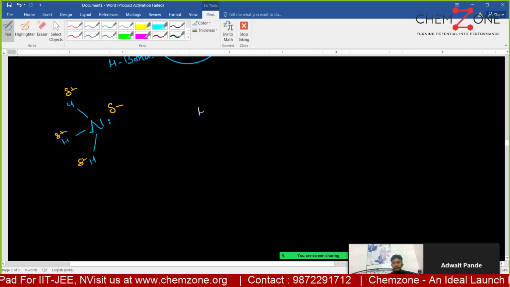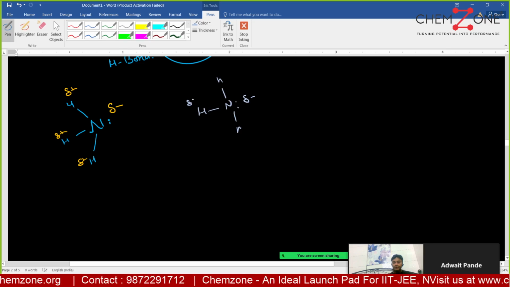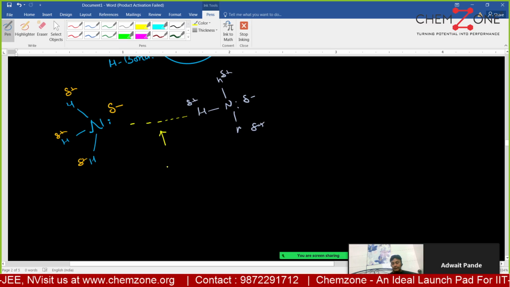Now I'm writing another molecule of ammonia here, partial negative and partial positive. Between these two molecules, the hydrogen atom of one molecule and the electronegative element of another molecule, this bond is again called a hydrogen bond. I have defined hydrogen bond in three different examples.